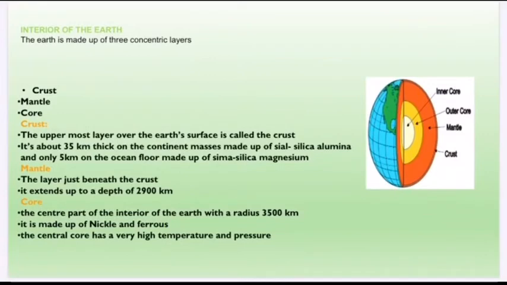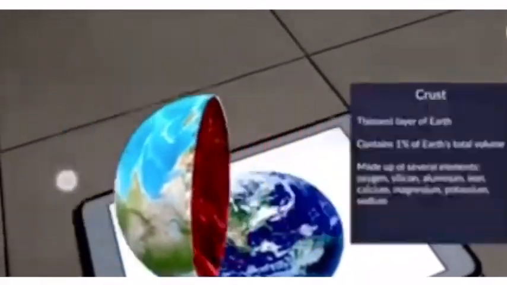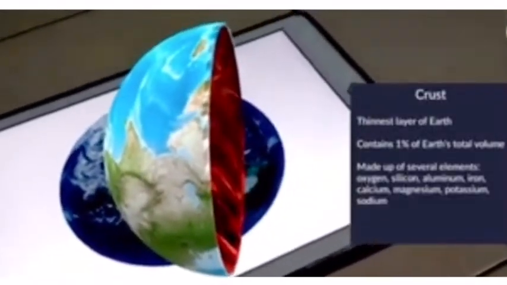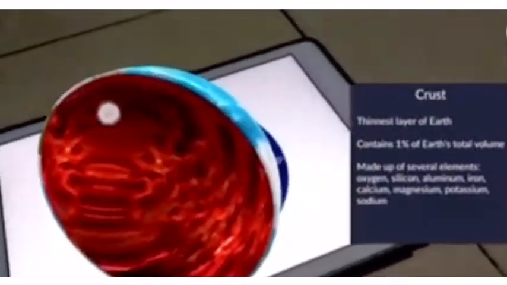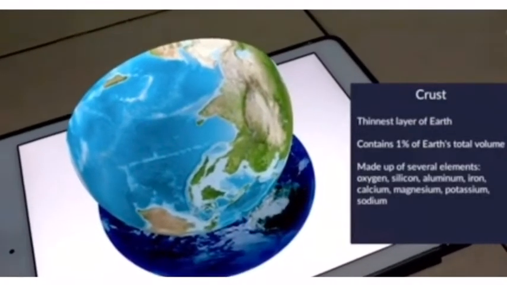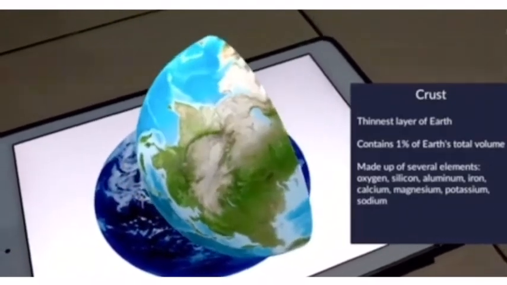Now I will be showing the augmented reality of the interior of the earth, which you can see here. First we are going to see the crust. I have already told you the crust is 1% of the thickness. It is made up of many minerals like magnesium, potassium, calcium and silica.